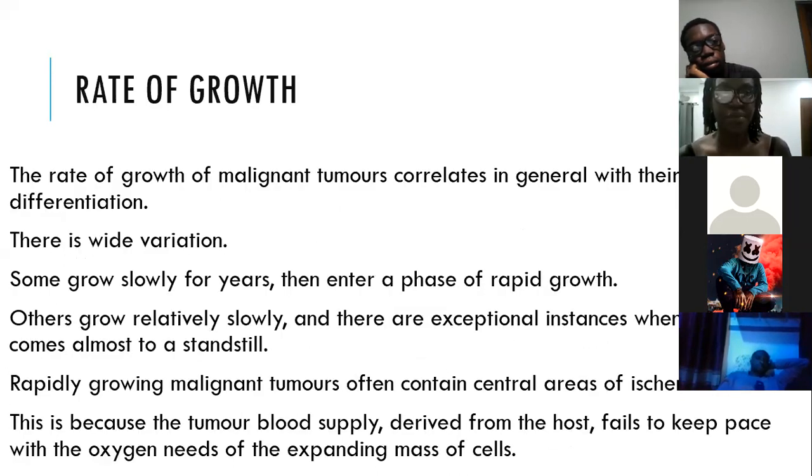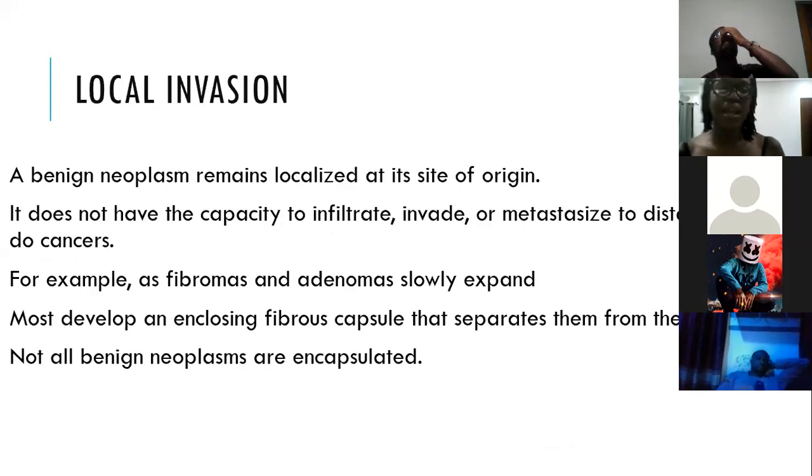Okay. So the other characteristic which differentiates benign from malignant tumor is local invasion. A benign tumor usually stays where it is. So it doesn't really infiltrate into the surrounding tissues. However, a malignant tumor infiltrates quickly into the surrounding tissues.